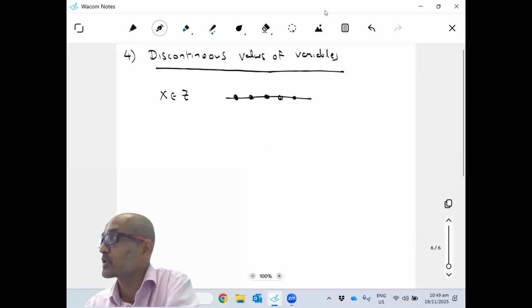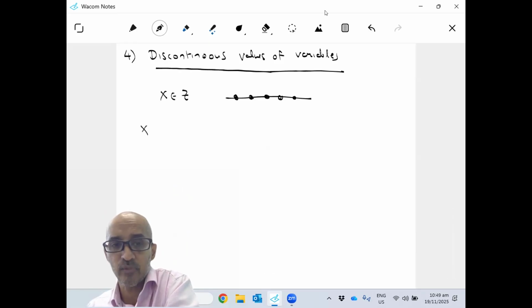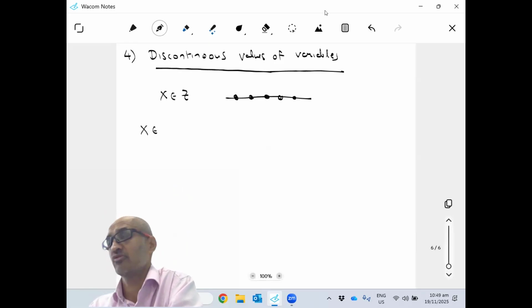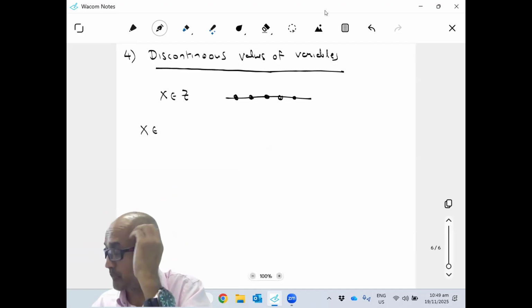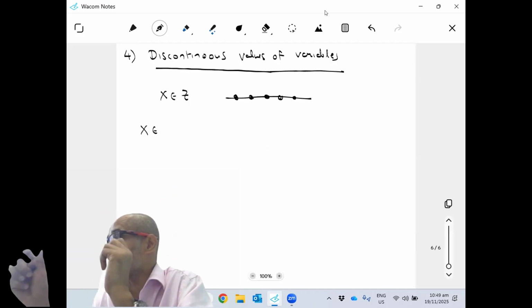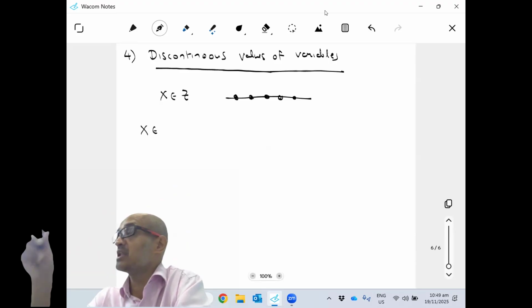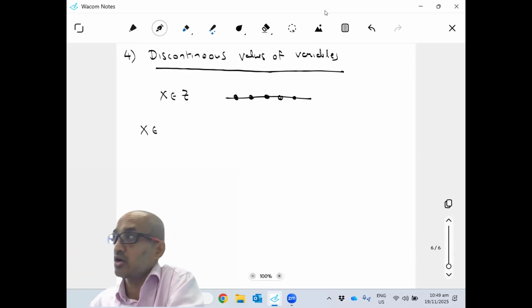But more generally, suppose I've got a variable x. Maybe x takes values in an interval, but these intervals are disjoint.